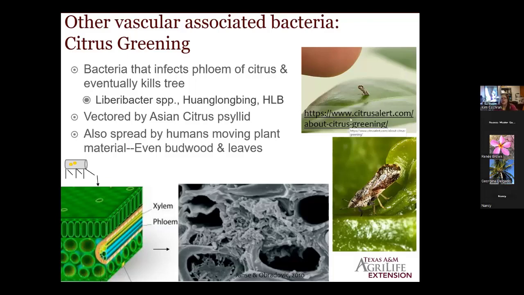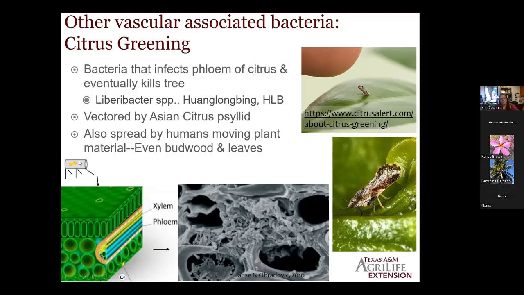It's so tiny, which makes it really difficult to find in USDA inspections. It can get in on pallets on fruit shipments from South America. So it's super tiny, and it spreads this bacteria very well.